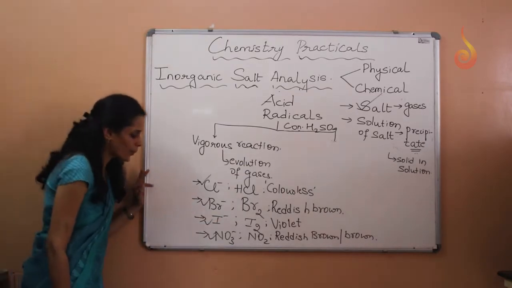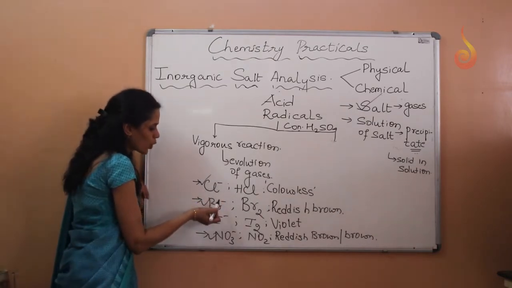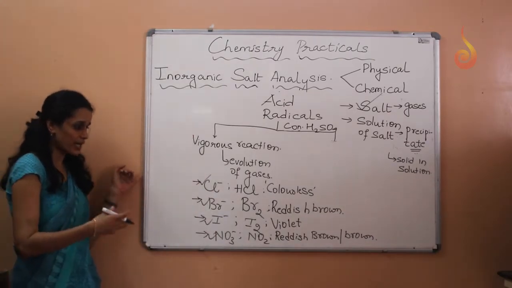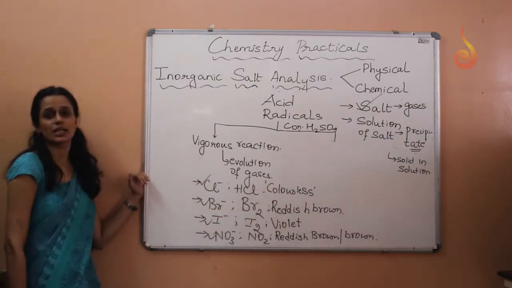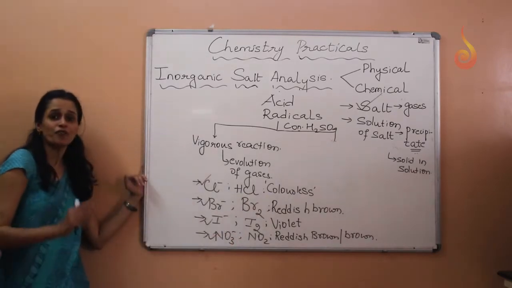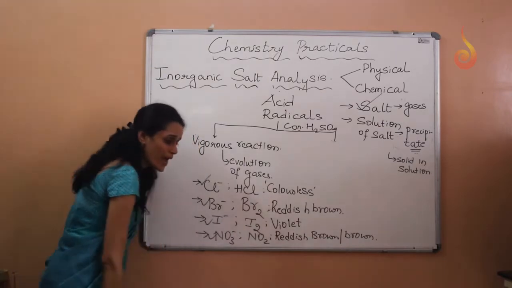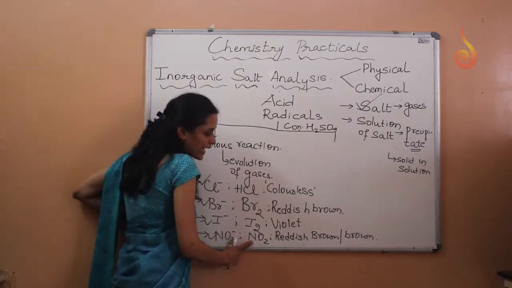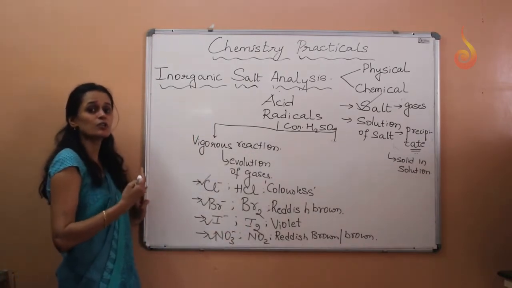But one important point we have to remember here. In case of chloride, bromide and iodide, we can very easily observe the liberation of characteristic colored gas. But in the case of nitrate ion, we don't observe the liberation of gas very easily. Though there is liberation of nitrogen dioxide gas, when we look in the test tube, we are not able to see it.